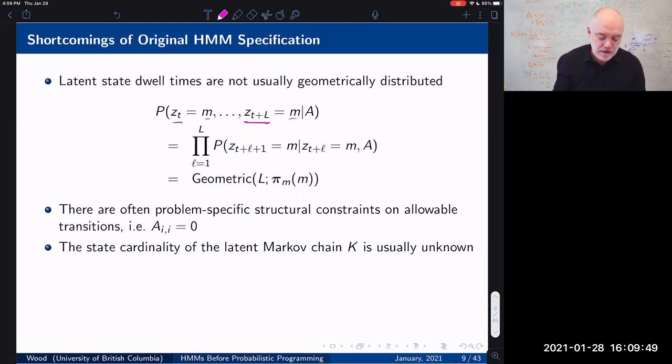So basically it's saying Z t to t plus L equals M for any value of t, but the L is the important part here, given this matrix A, right? The stochastic transition matrix, right?